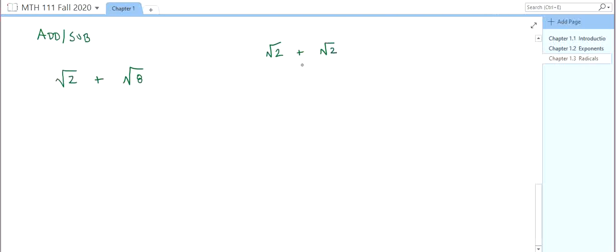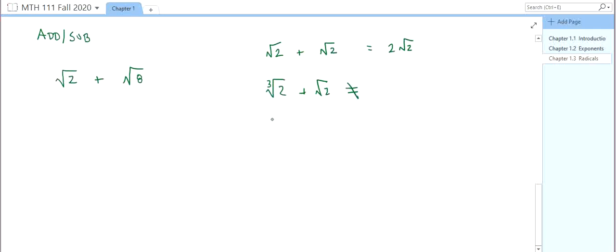So here we got square root of 2 plus square root of 2. This means we would have 2 square root of 2's. I could have the cube root of 2 plus the square root of 2. We can't do it. I can't add the cube root of 2 and the square root of 2.